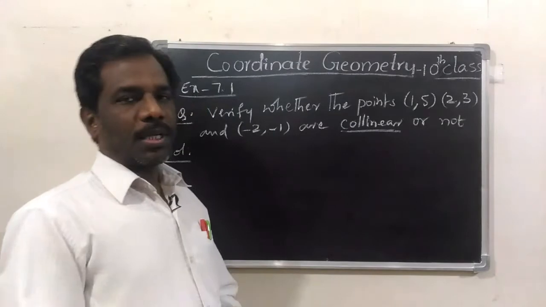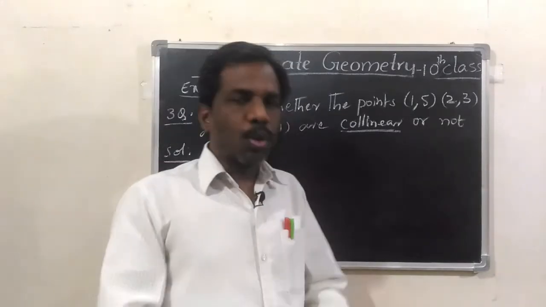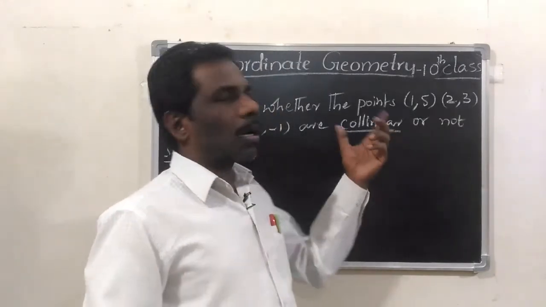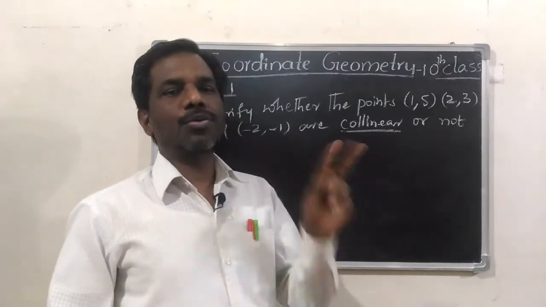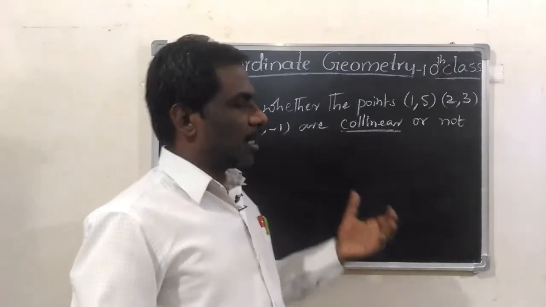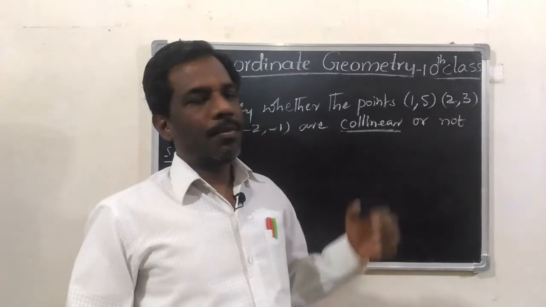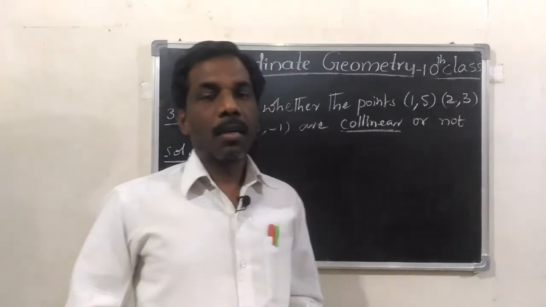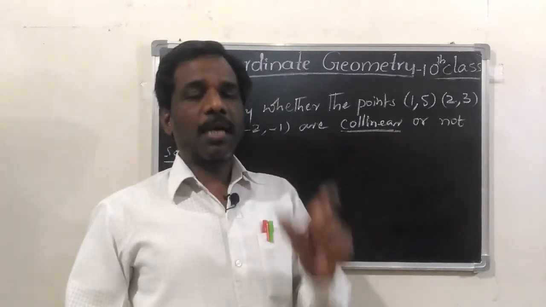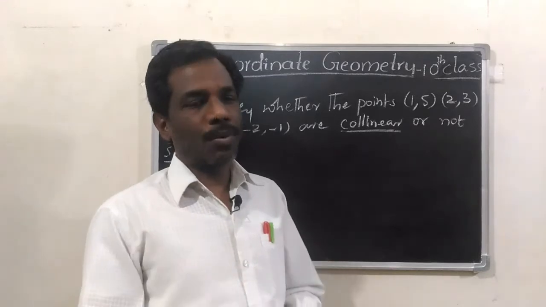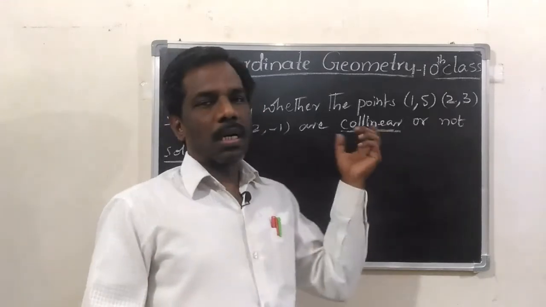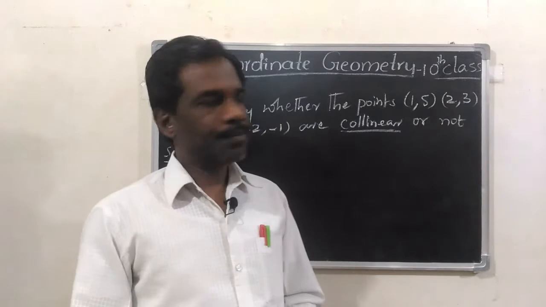To prove whether the points are collinear or not, there are two ways. With the distance we can prove whether they are collinear or not, or with the area of a triangle also we can prove whether the given points are collinear or not.